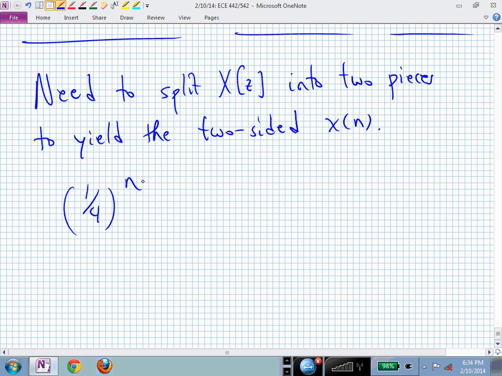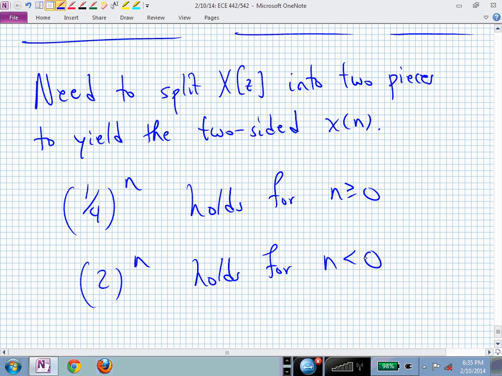We've already figured out that this mode, 1/4 to the n, is going to hold for non-negative values of n, and 2 to the n holds for negative values of n.